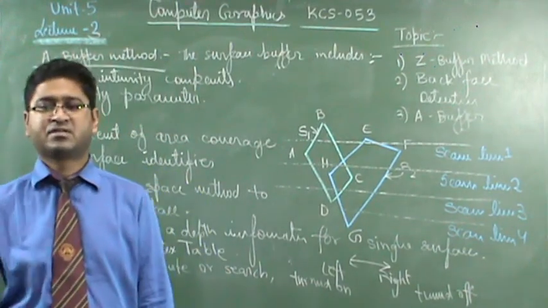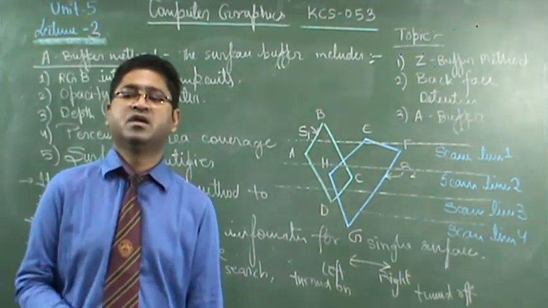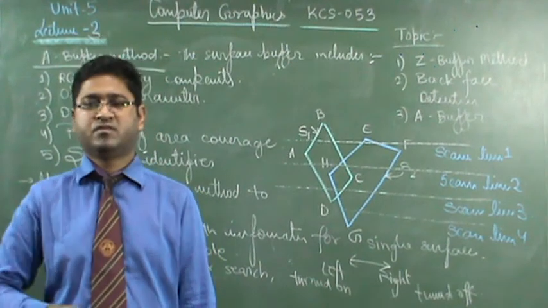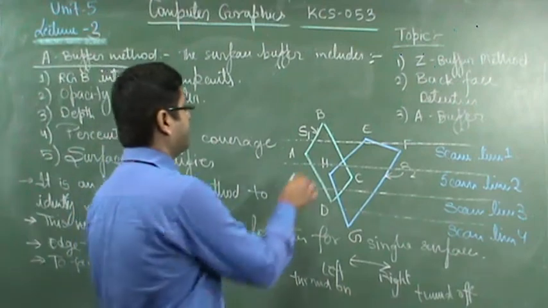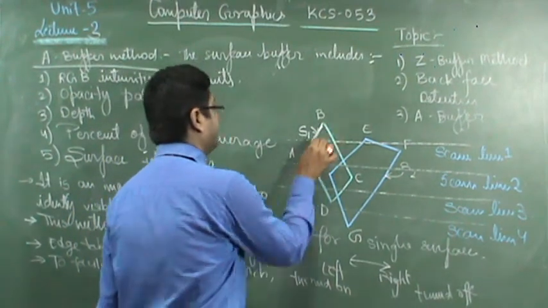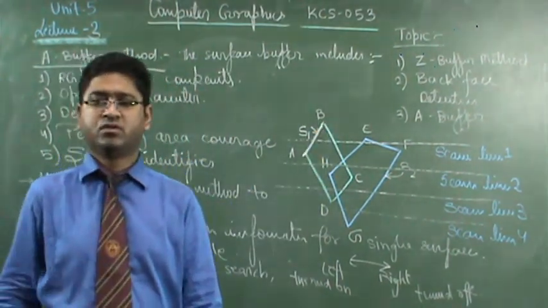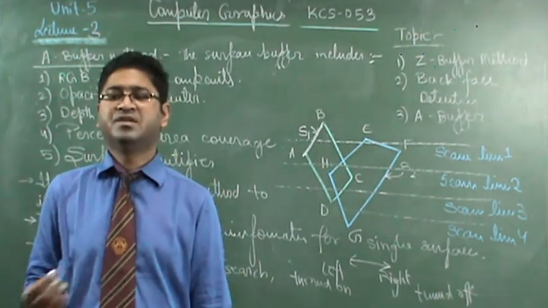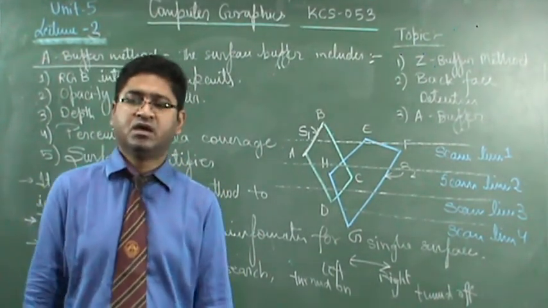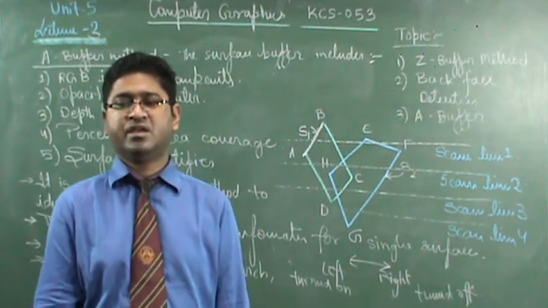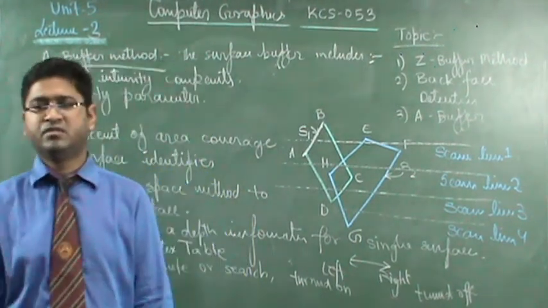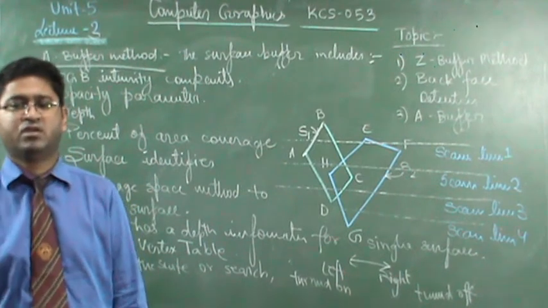The active list for scan line 1 contains information from the edge table for AB. So here we are having this line AB, and it is going to impact BC, EH, FG. For positions along this line between edges AB and BC, only the flag for surface S1 is on.